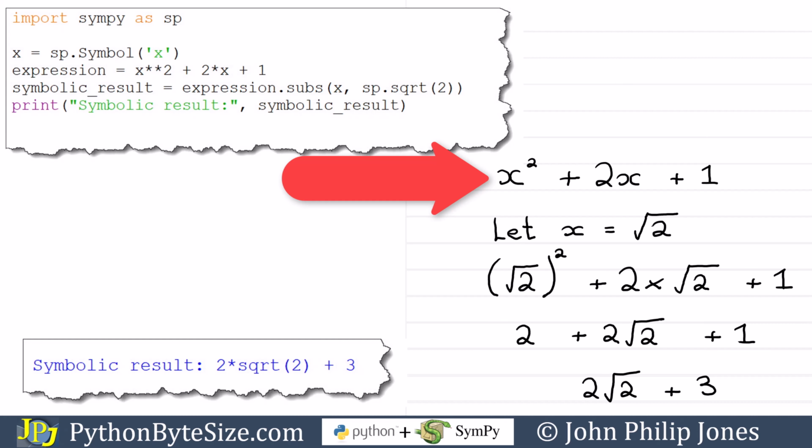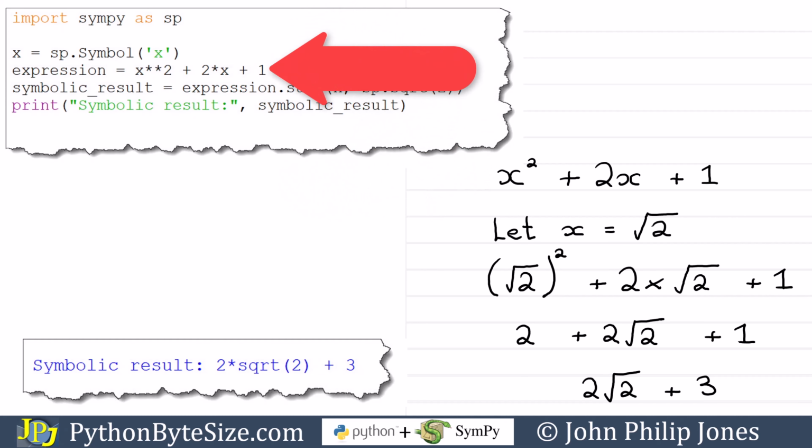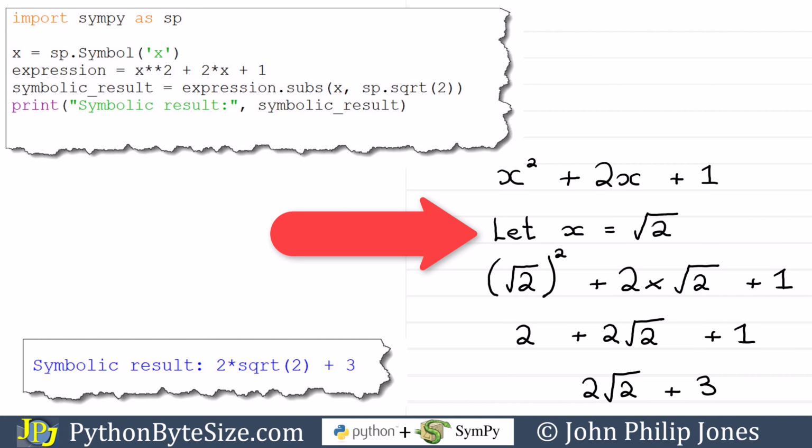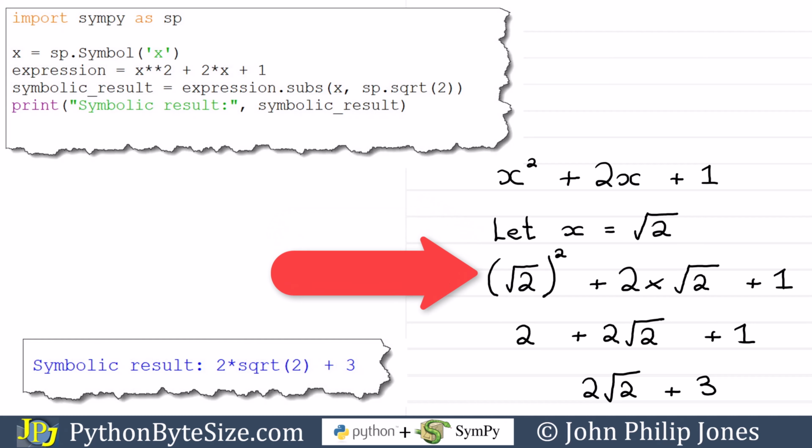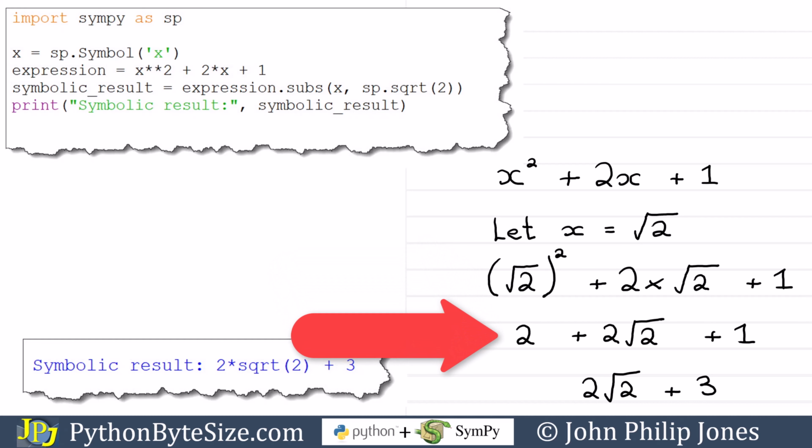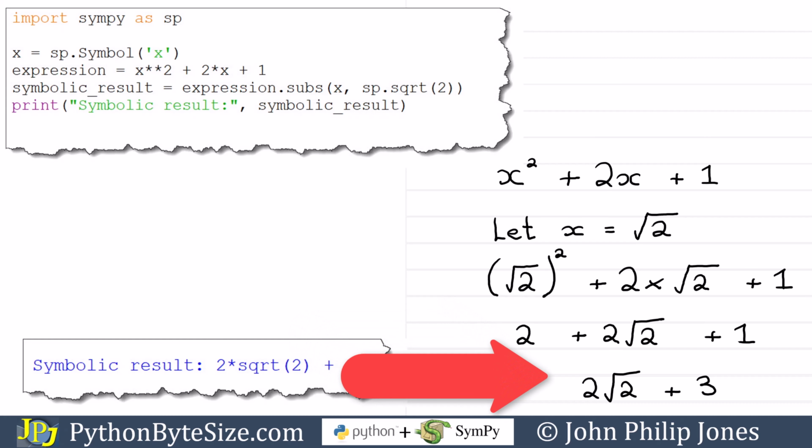In the program, you can see that was defined here, which is x squared plus 2x plus 1. Albeit written differently, it is still the same expression. I then went in the mathematics and said, let x be equal to the square root of 2. We then substituted that into the expression, went on to the next step and simplified it to get this.